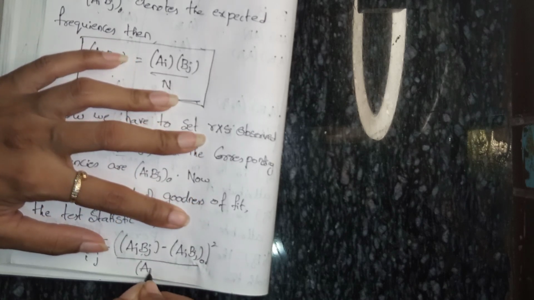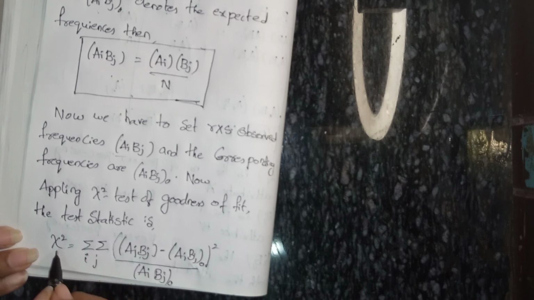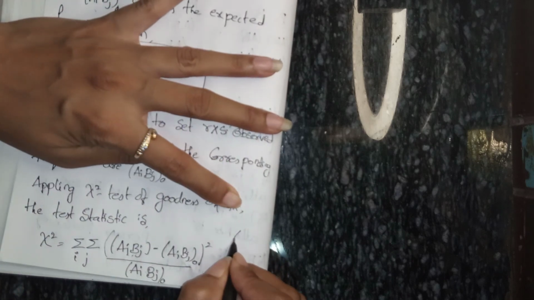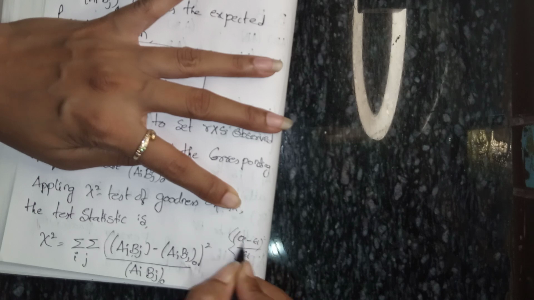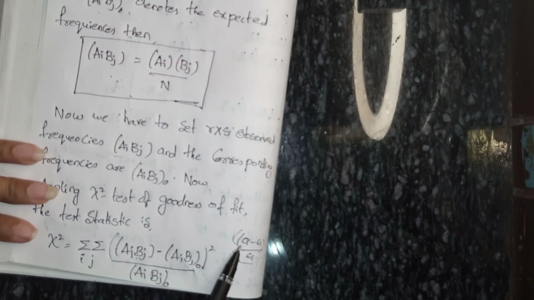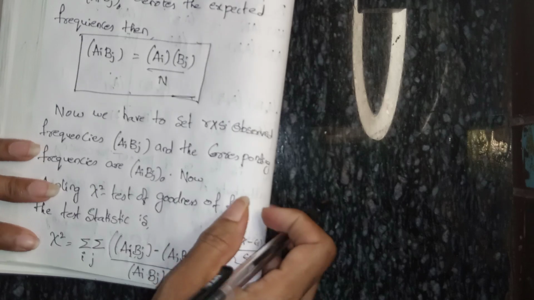Double summation because two attributes are involved. This summation applies to both the numerator and denominator. Similarly, in goodness of fit we write (Oi minus Ei) whole square by Ei; here we are taking attributes, so in place of Oi we wrote this attribute.